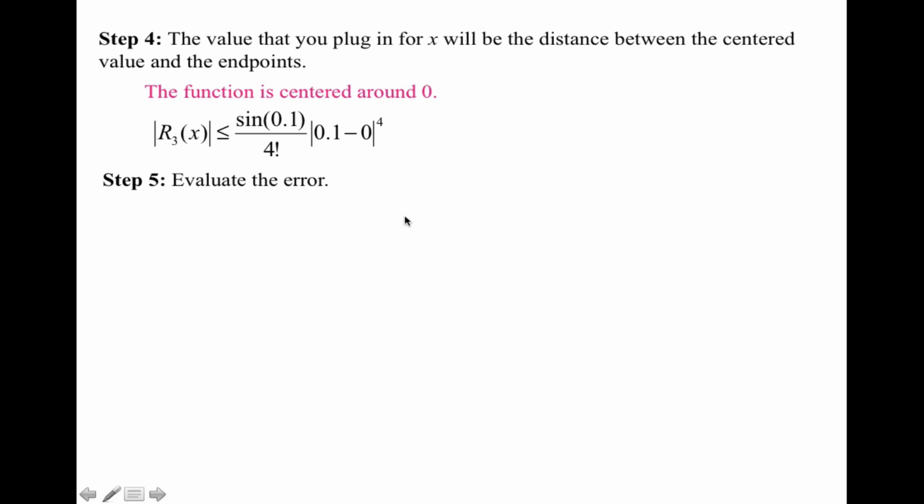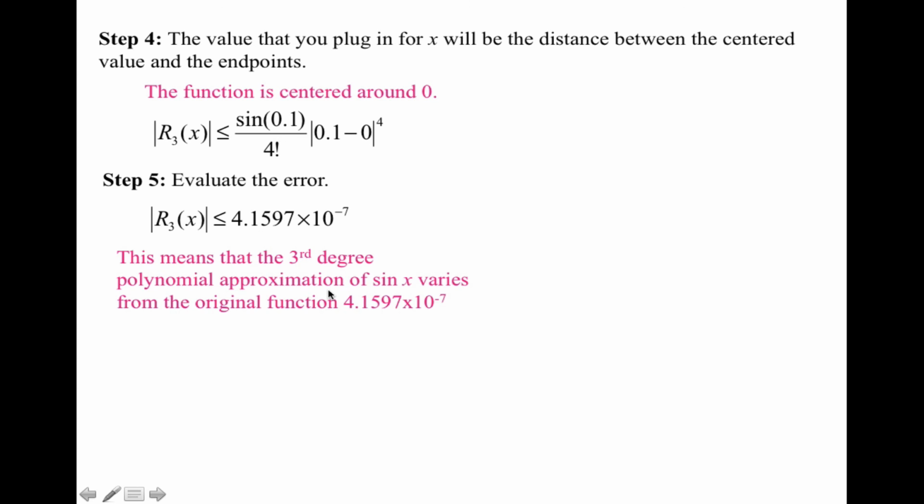Now I'm going to evaluate the error. So when I do this, I'm going to get a really small number, so I wrote it in scientific notation. This means that the third degree polynomial approximation of sine x varies from the original function by 4.1597 times 10 to the negative power.